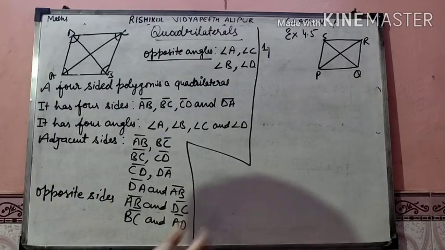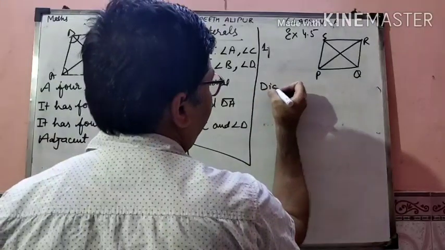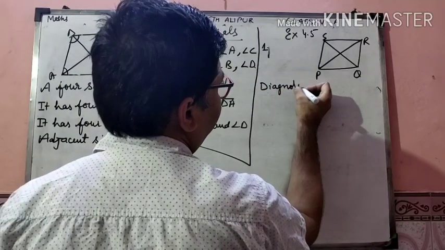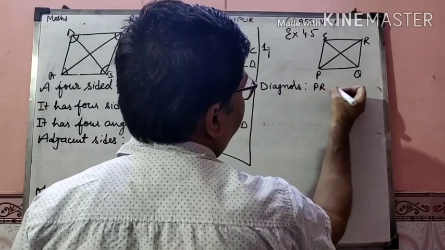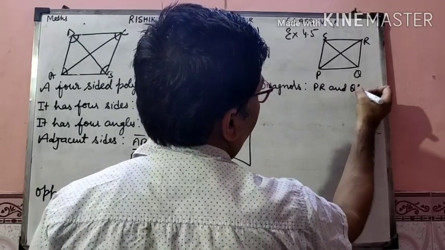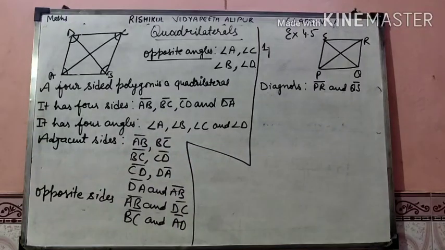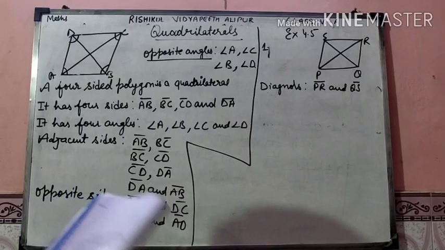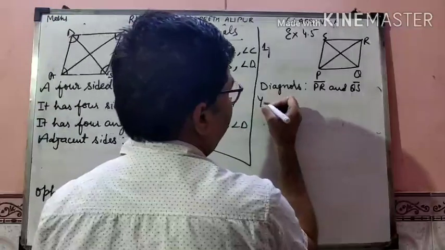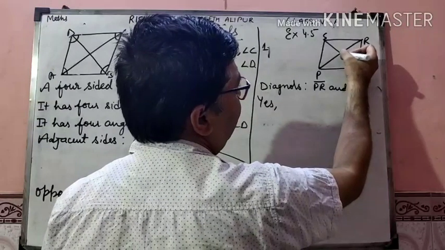Name them. Can you tell the names of the diagonals? PR and QS. These are the diagonals. Is the meeting point of the diagonals in the interior? Where are the diagonals meeting?